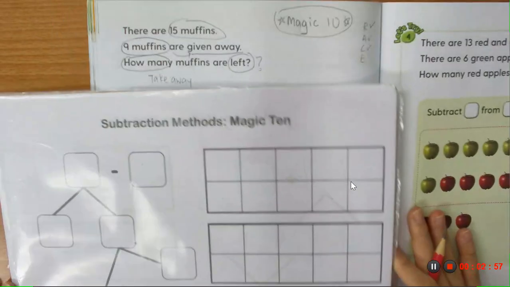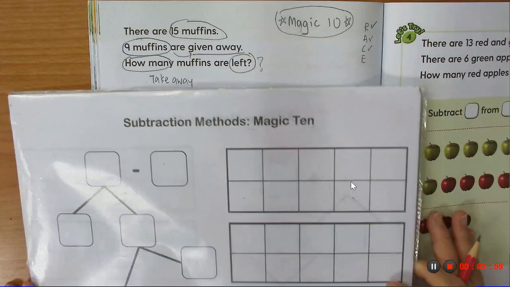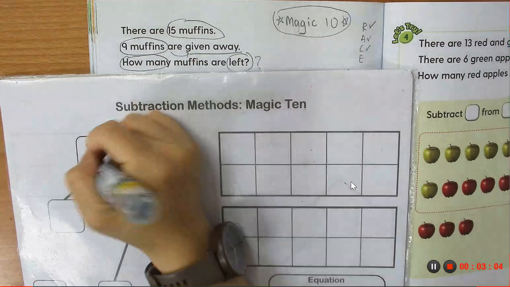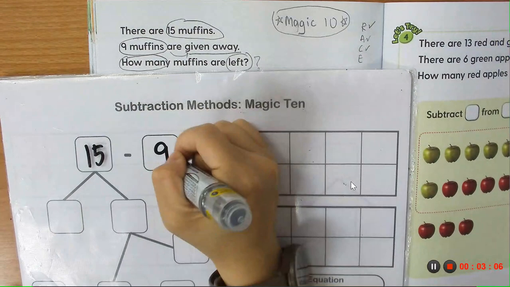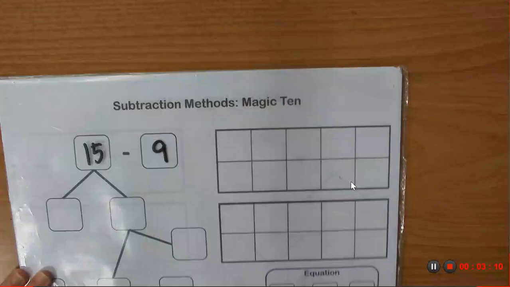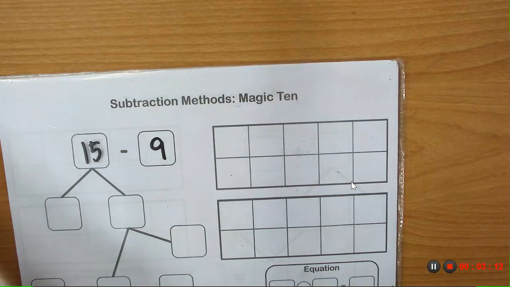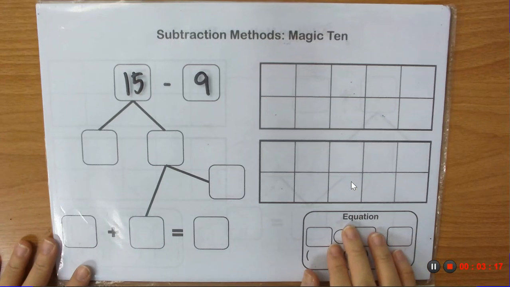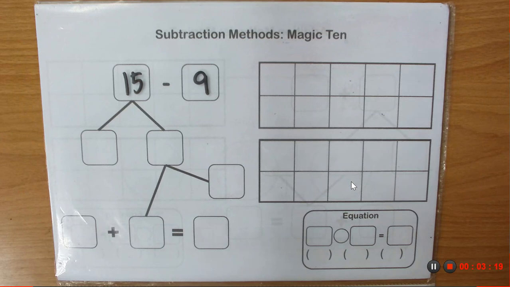I will show 15 minus 9. Now, I have 15 minus 9. Let me put in the cubes.